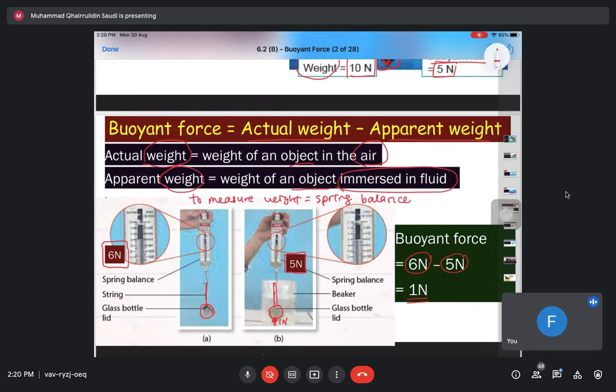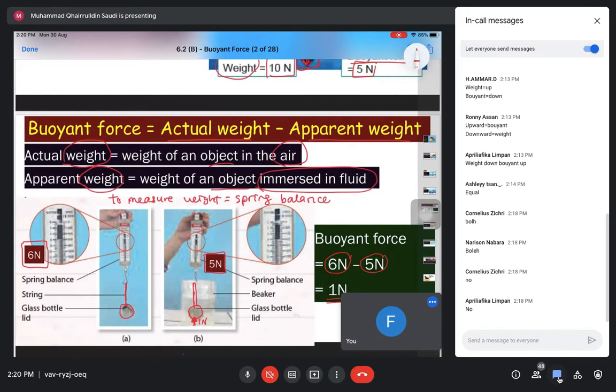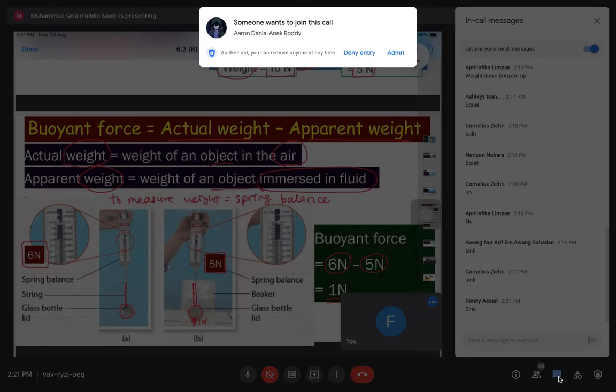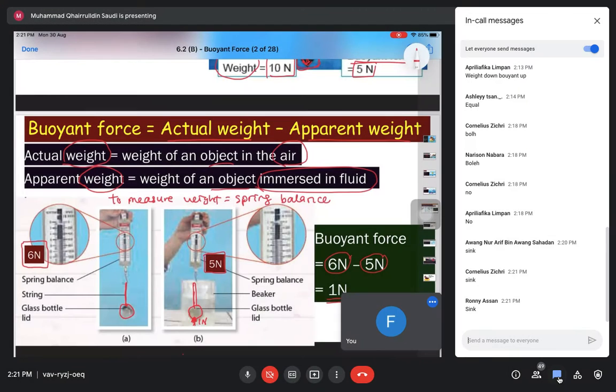Okay. So in this case, will the glass bottle lid float or sink? Siapa tahu? Write down your answer in the chat box. Others? Sink. Okay, good. It is the correct answer. But why will the glass bottle lid sink?